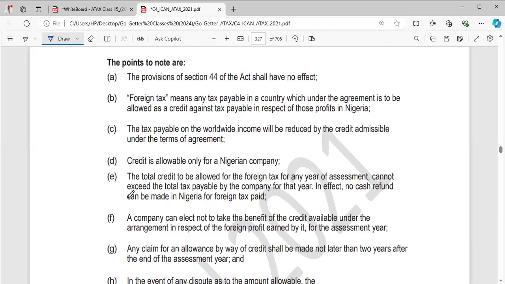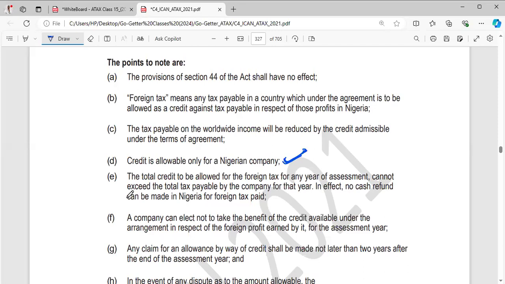Now, the credit is allowable only for a Nigerian company. So take note of this point. If it is a foreign company in Nigeria, it is not going to be allowed for the foreign company in Nigeria.